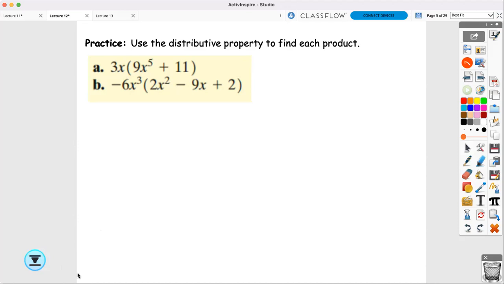Let's go ahead and share our answers on our chat for letter A. What did y'all get for letter A once y'all distributed the 3x?